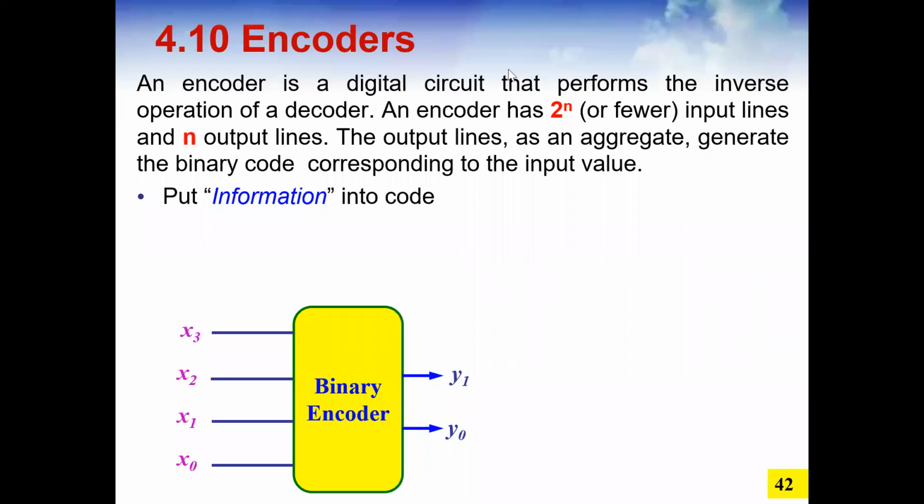So this is the encoder, which actually performs the opposite operation of the decoder. So if the decoder is clear to you, the encoder will also be clear to you. If there is a doubt, you can ask. The encoder consists of 2 to the power n input lines and n output lines.